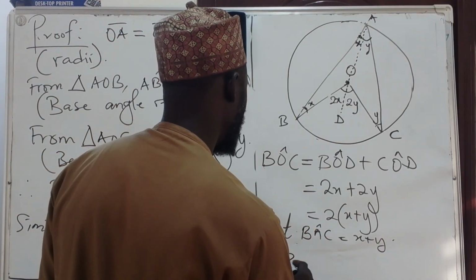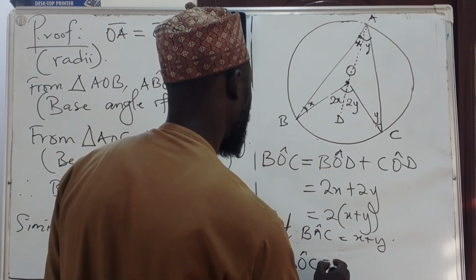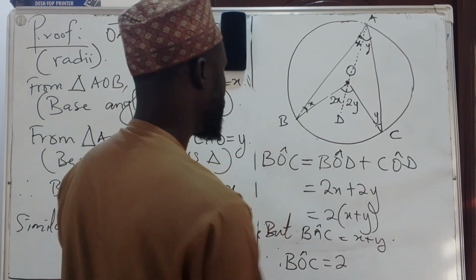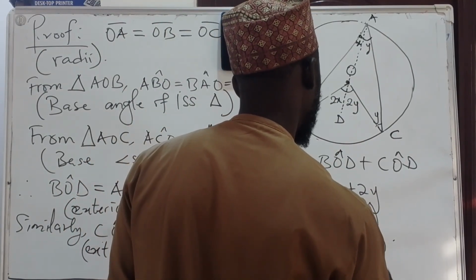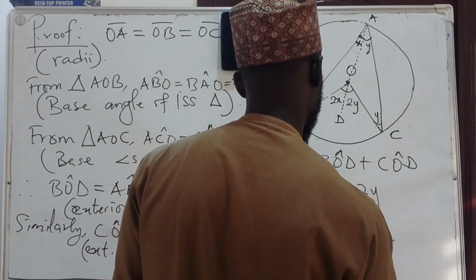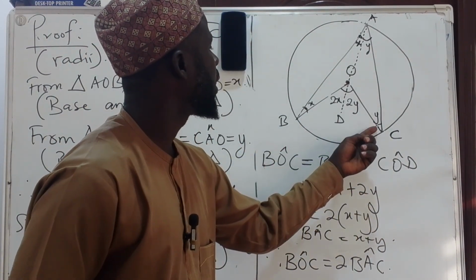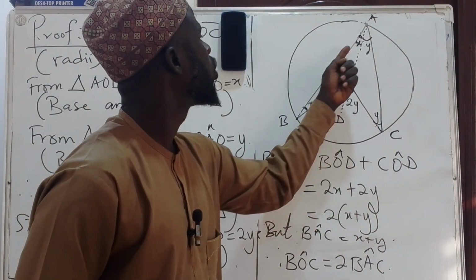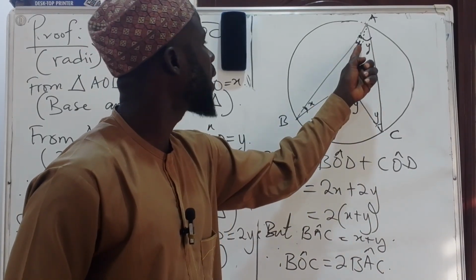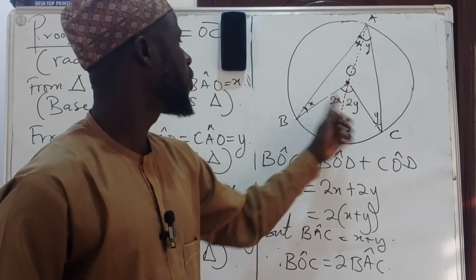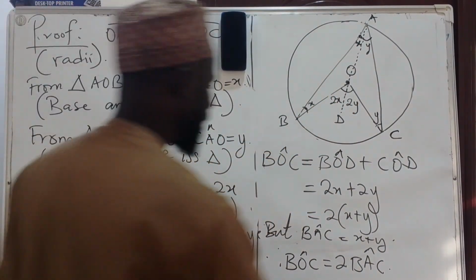So therefore, angle BOC is equal to twice angle BAC, meaning that this angle here is 2 times this angle. You multiply this angle by 2 before you get this angle, and that is the proof.